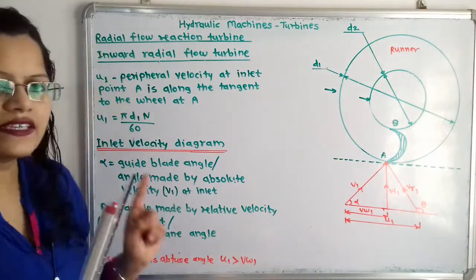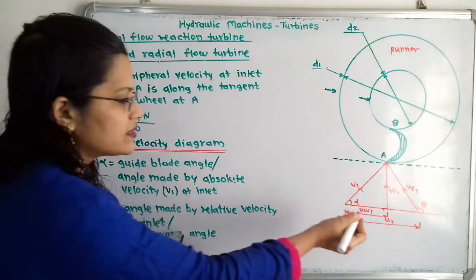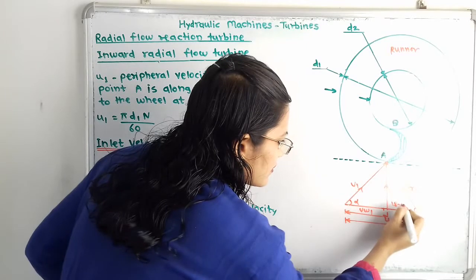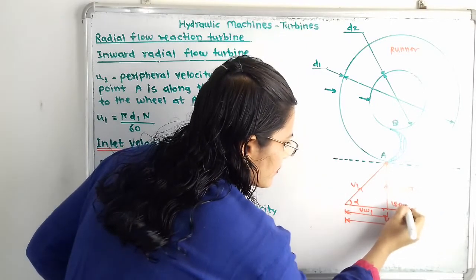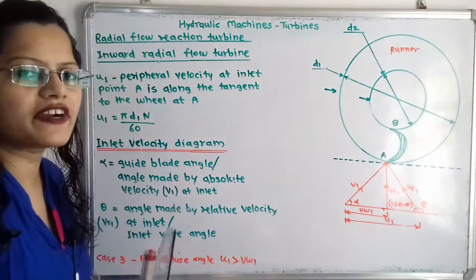Now how can I define this angle theta and alpha? This remaining angle is 180 minus theta. For this 180 minus theta we will write the equation.